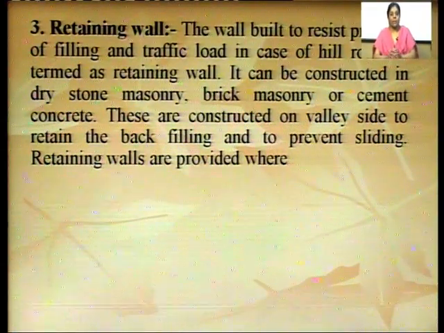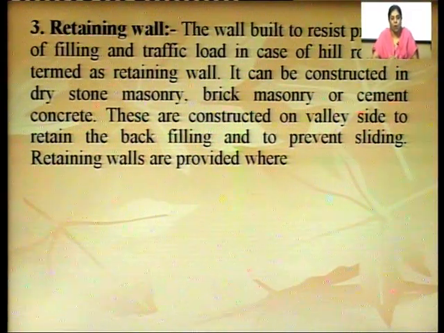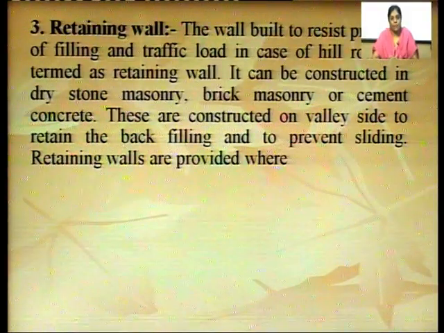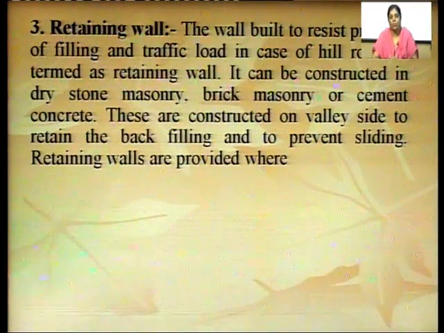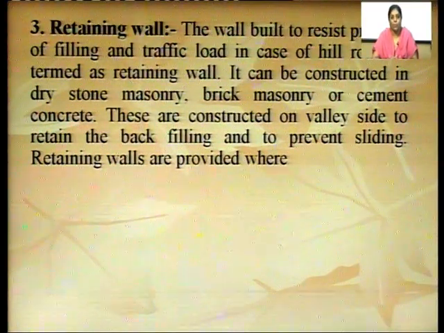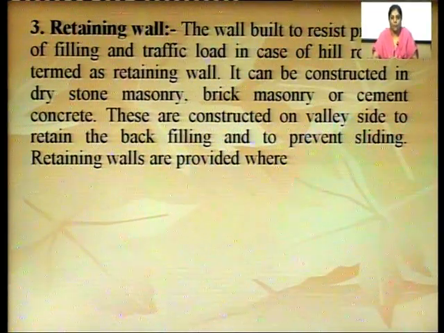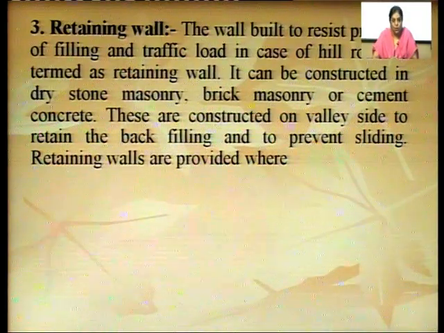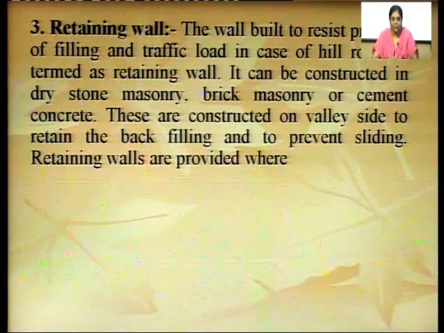So, the third important term is retaining wall. The wall which is built to resist the pressure of filling and traffic load in case of hill roads is termed a retaining wall. It can be constructed in dry stone masonry, brick masonry or cement concrete.